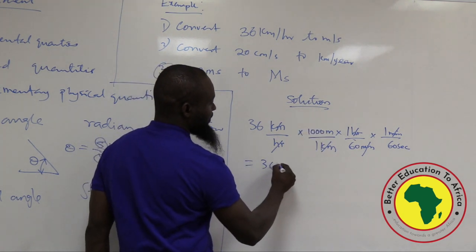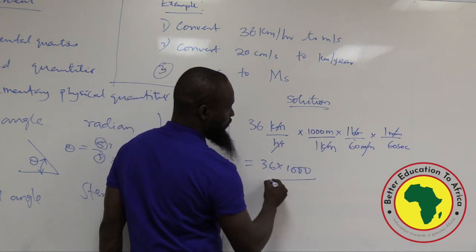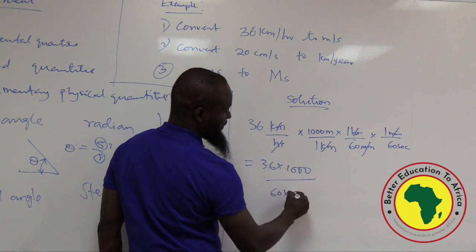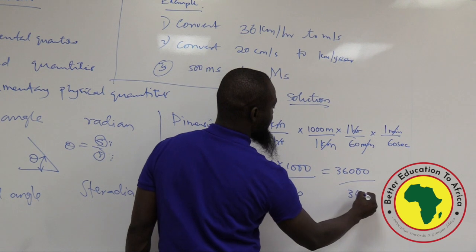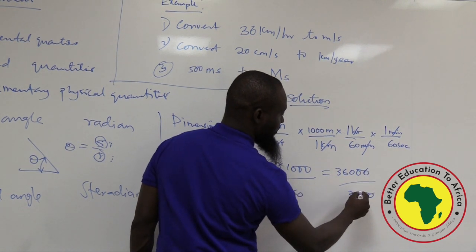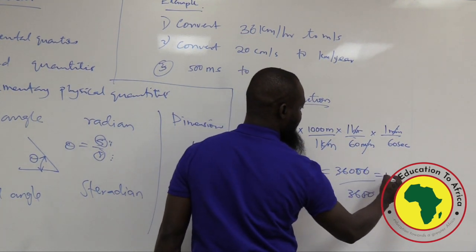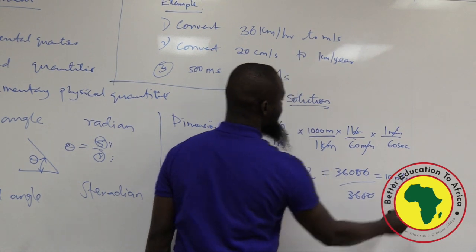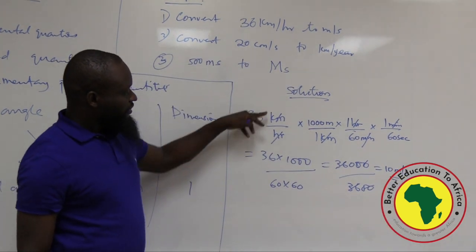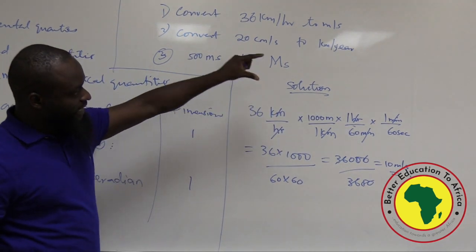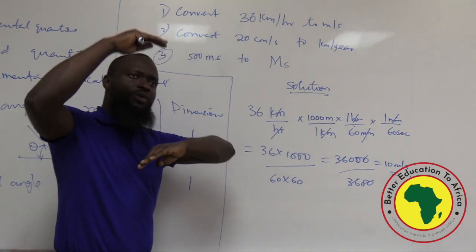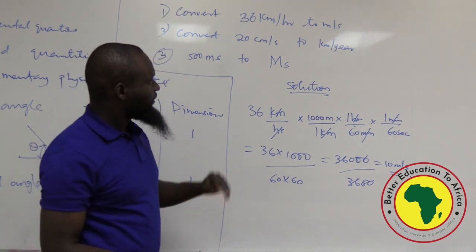So this is 36 times 1000 over 60 times 60. So this is 36,000 over 3600. This will give us 10 meters per second. That's how we convert. We just cancel what we want from the top and the bottom until we get the unit we want. Be careful, whatever you want at the top is what you put at the top.